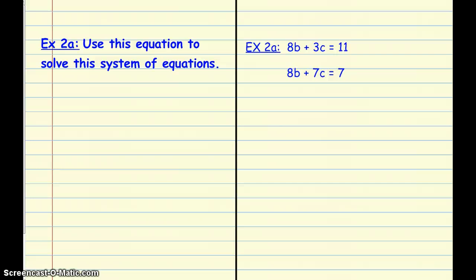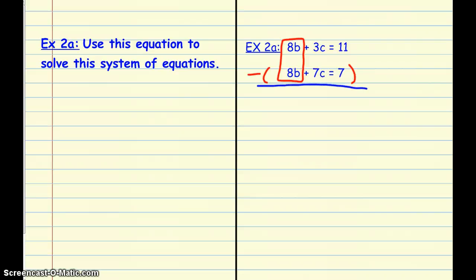So we're going to solve the systems of equations by adding or subtracting. In this case, as we take a look at these two equations, we have the same term. When we have the same term, we are going to subtract. And the reason why we subtract is because we want to eliminate one of these options.